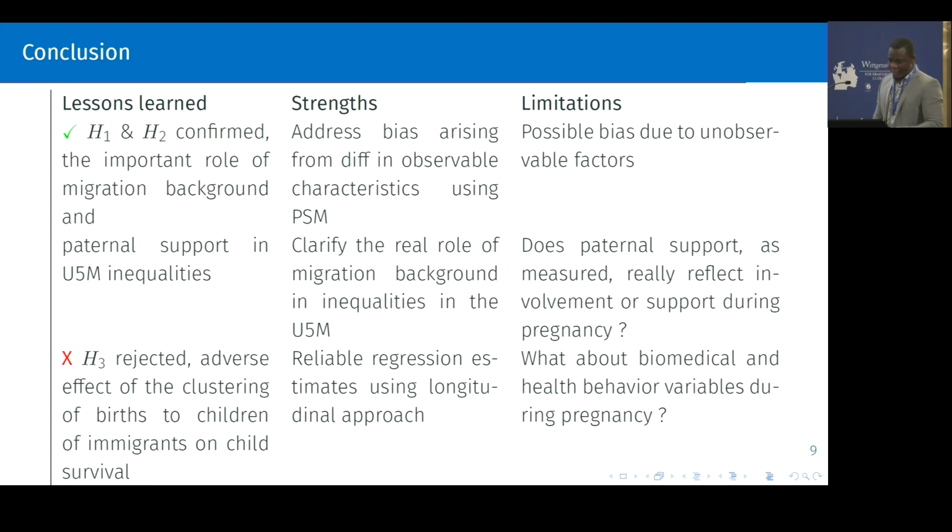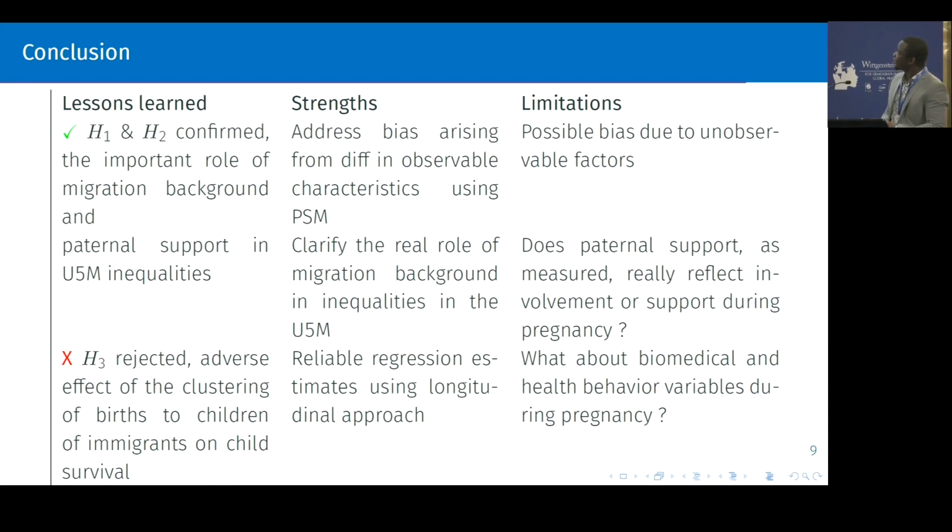As a conclusion, we can note that only two hypotheses are confirmed, showing the important role of migration background and the paternal support in under-5 mortality inequalities. We can also note that the third hypothesis is rejected and shows that there is adverse effect of the clustering of birth to children of immigrants on child survival. This work has some strengths.